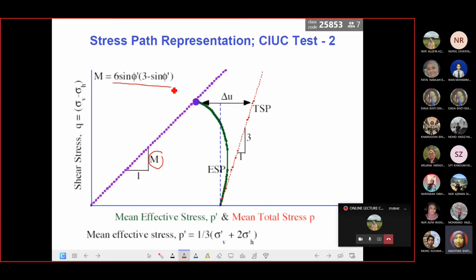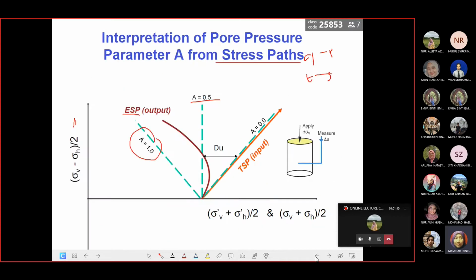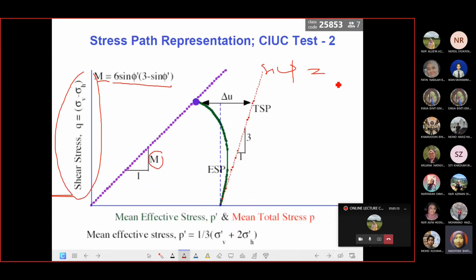So we can use the equation M = 6 sin phi over 3 minus sin phi. In this case, M is applicable when you use shear stress in the Q and P path. If you use the T and S path, you don't find this M, but it gives a relation: sin phi equals tangent alpha. So sin phi equals tangent alpha if it uses the path or coordinates T and S.